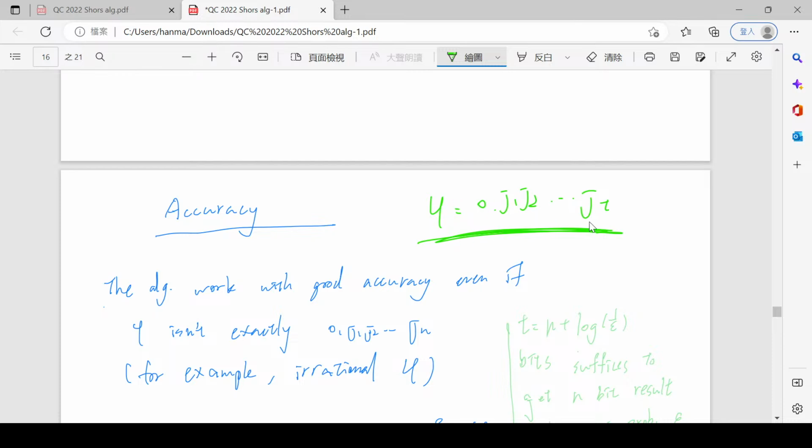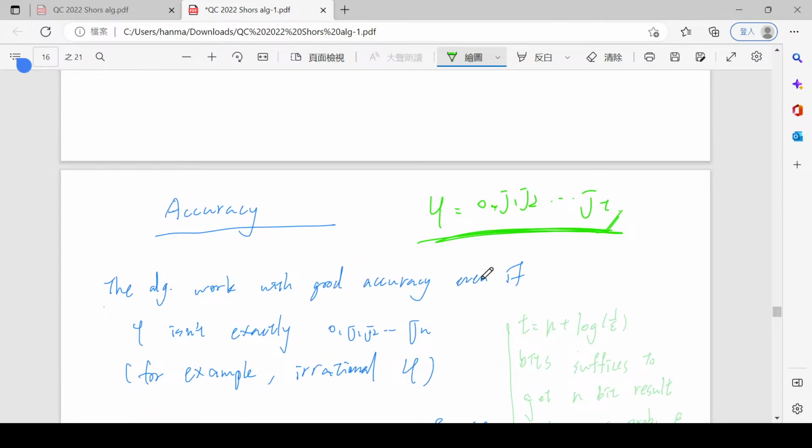But what if your phi is, say, an irrational number? Then you can never write your psi in this binary bits representation with a fixed number of t. So there is an accuracy issue.